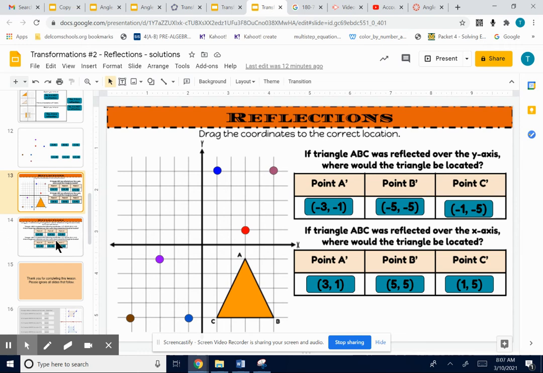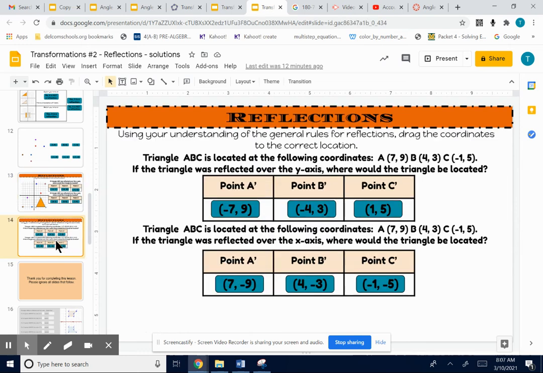The next one, last slide. I'm just giving you the points of a shape, triangle ABC. I want to know just what are the coordinates of the y-axis reflection.